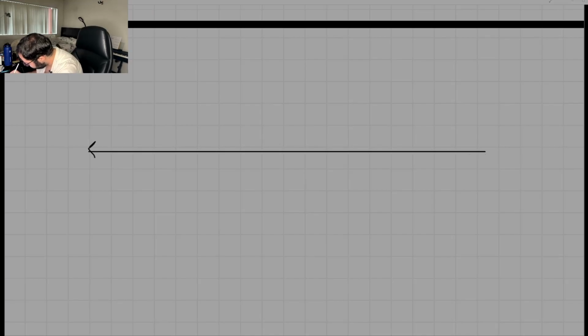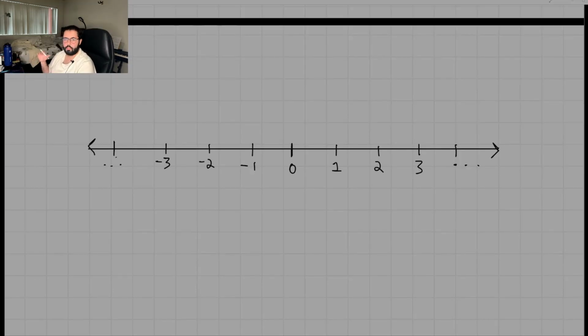So if we have some real number line that goes like this, and then we have our 0 point here, and I'm just going to fill out the rest of these. So here we have our number line, and it's going to help us visualize the absolute value.